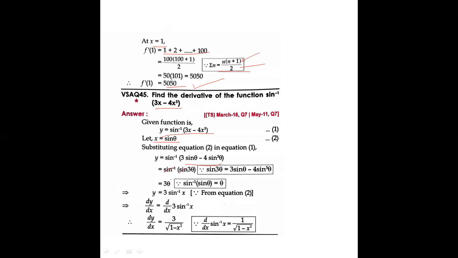So instead of x, if I substitute sine theta, I will get 3 sine theta minus 4 sine cube theta, which is nothing but sine 3 theta. So the sine inverse and sine will get cancelled. Sine theta can be written as x, so theta is sine inverse of x.